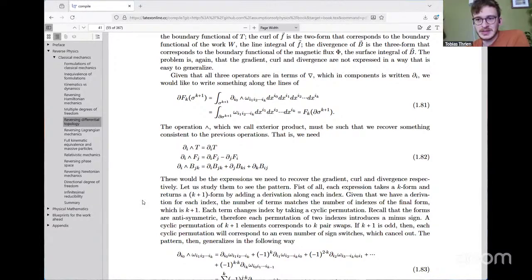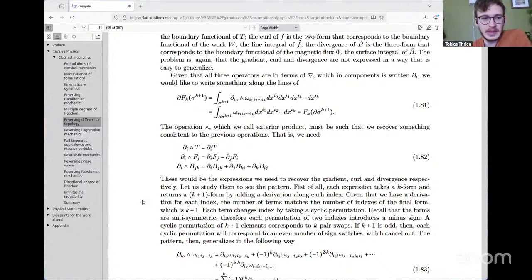In 3 dimensions, it's a Gauss theorem, and then there's a specific Stokes theorem in 2D, and then there's a general Stokes theorem. So basically here we're saying, well, we know that there is the left side and the right side. We want to have some operator wedge that makes this thing work.